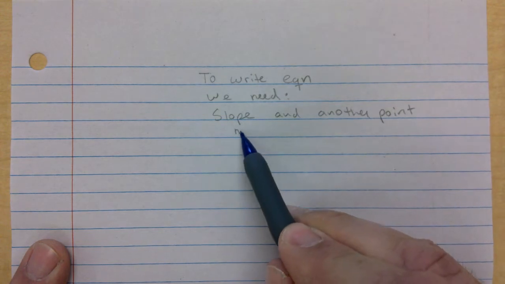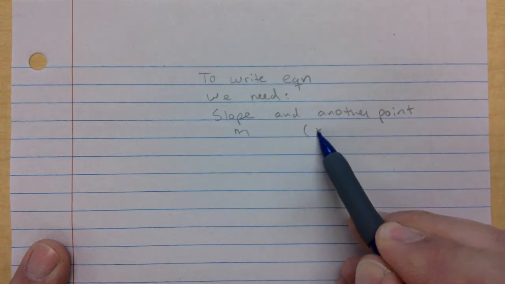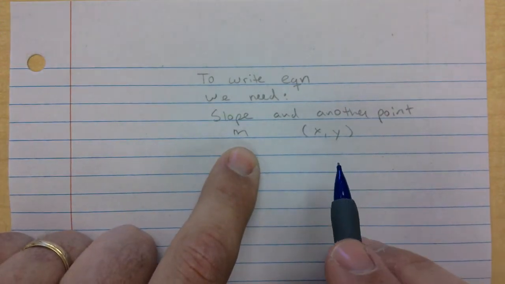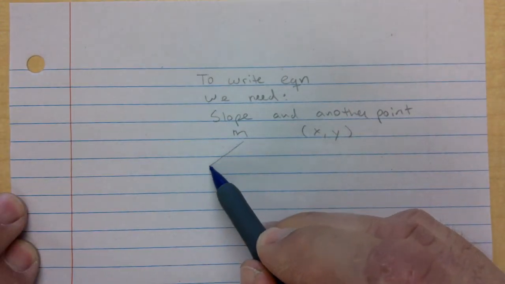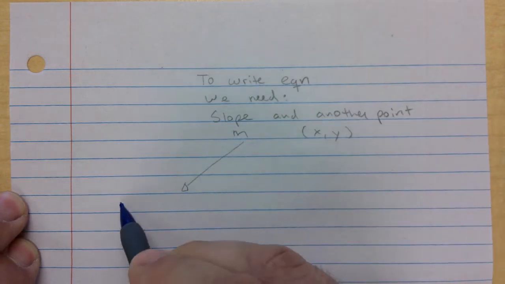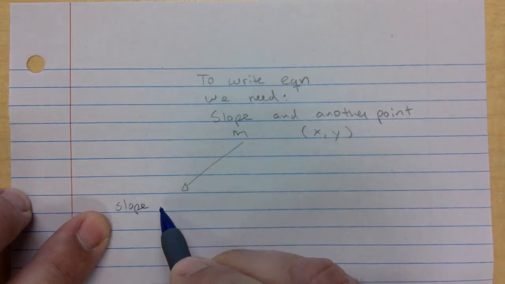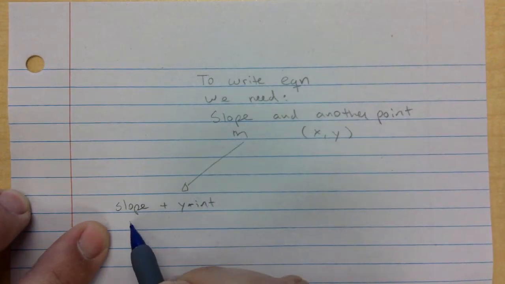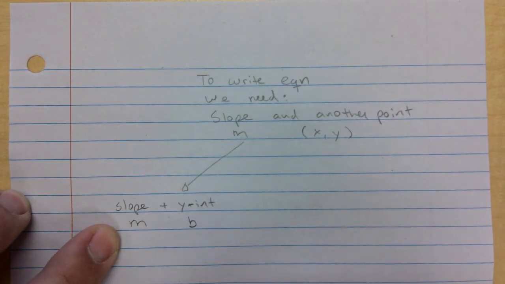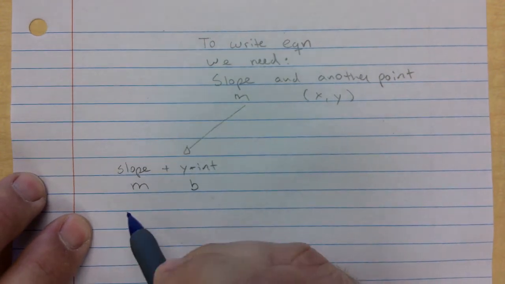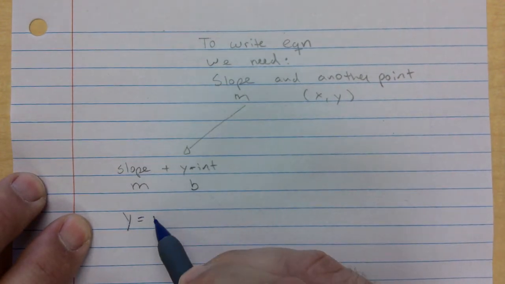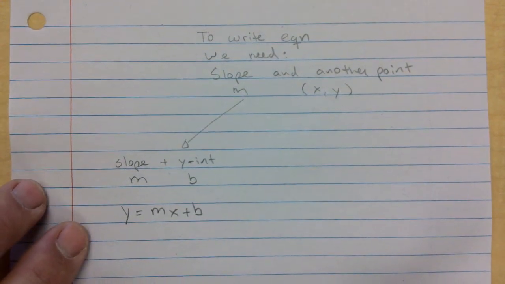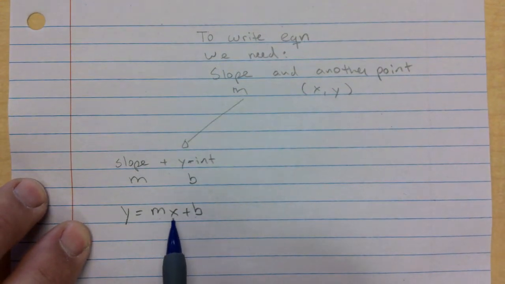You need the slope and you need a point, right? If that particular point happens to be the y-intercept, if you have the slope and the y-intercept, then you have m and b technically. You write it like this: y is equal to mx plus b. That's the slope intercept form, right?